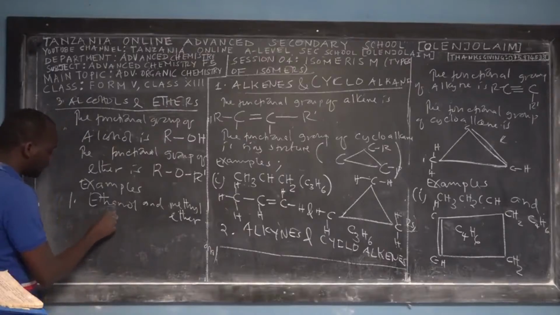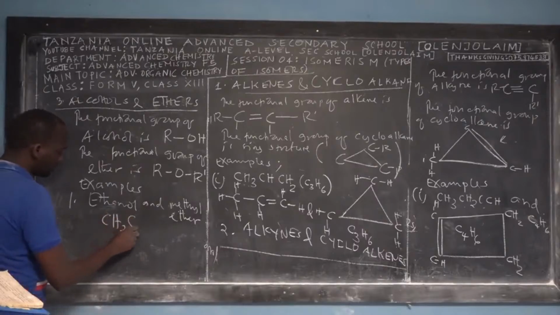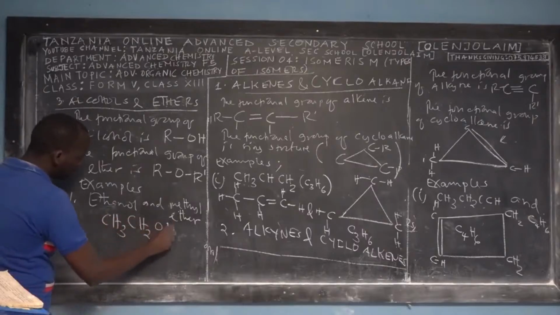So ethanol, for example, the molecular formula is C2H5OH.